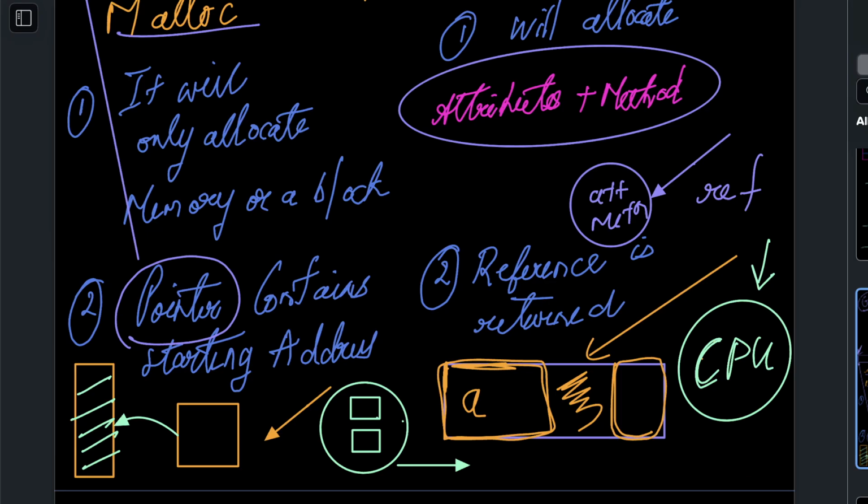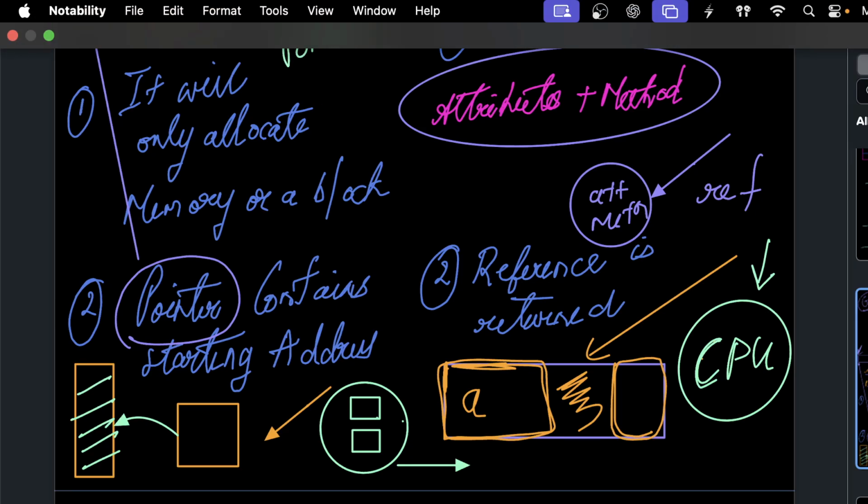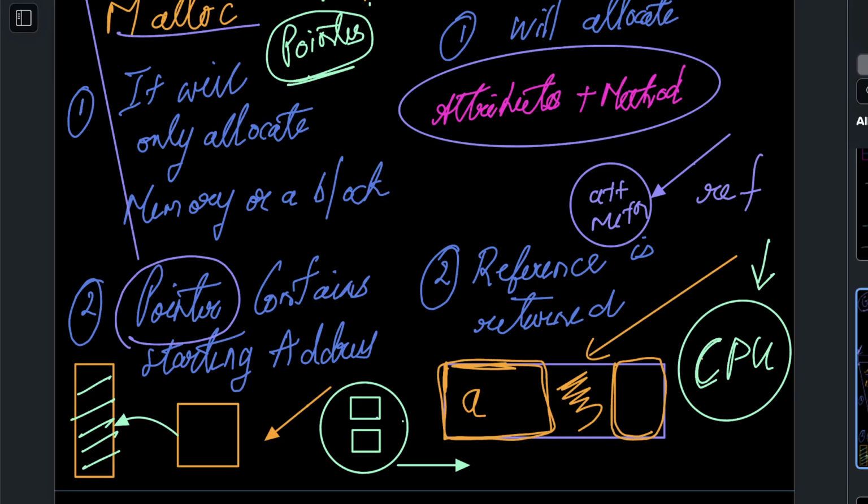Okay. Even in calloc and malloc we are in the heap, but the only difference is that it returns pointers. The pointers point to the starting address, and its only job is to allocate a block.